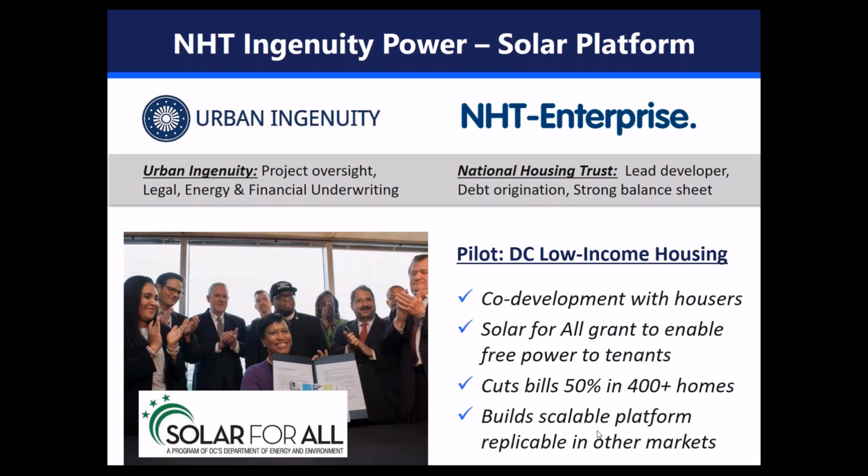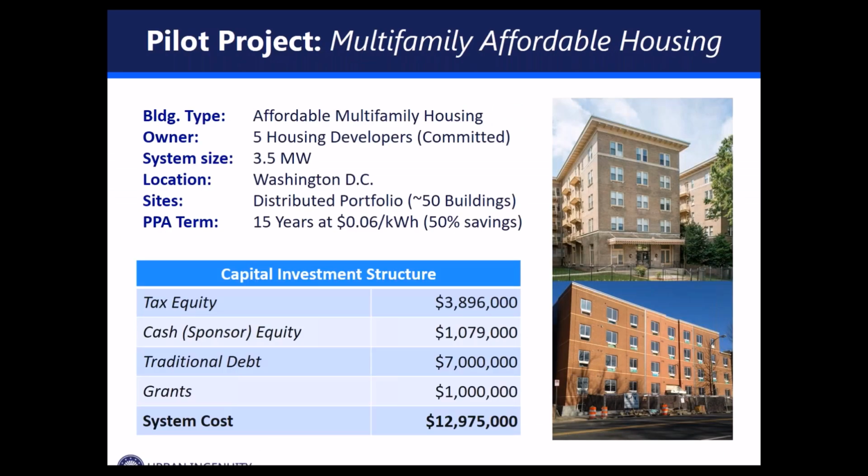Our goal is to cut utility bills with that megawatt by 50% for over 400 homes, and then also to build the scalable platform. And with NHT, we're working in California, Colorado, New York, New Jersey, Massachusetts, a number of places around the country already. So this example is something that we do feel is scalable nationally, and would love to explore opportunities with folks.